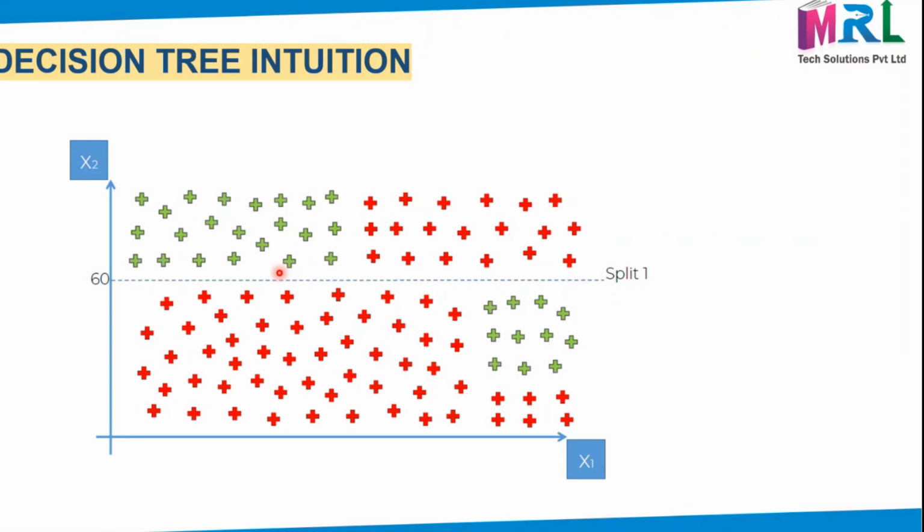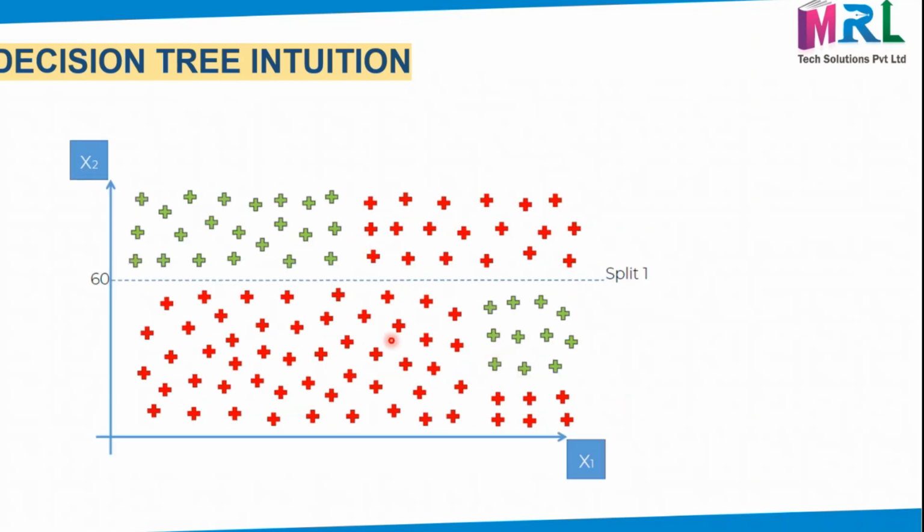The same information entropy is used here to split the data set. In general terms, it is grouping based on the maximum number of red dots and green dots. In split 2, we will see that more clearly.